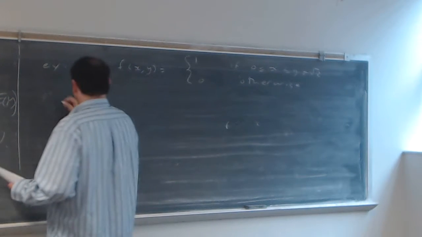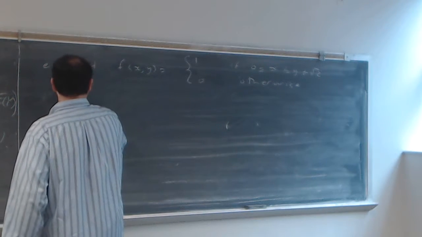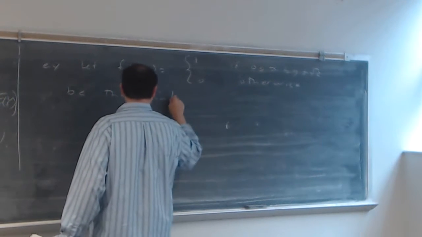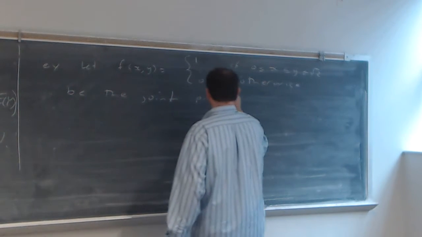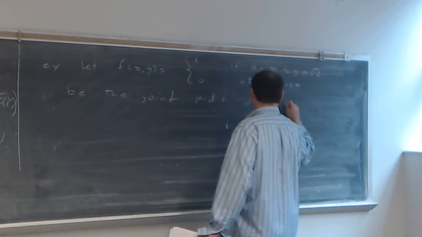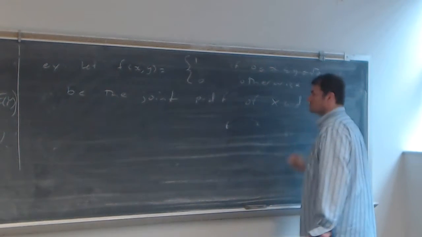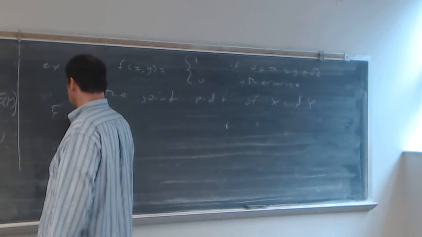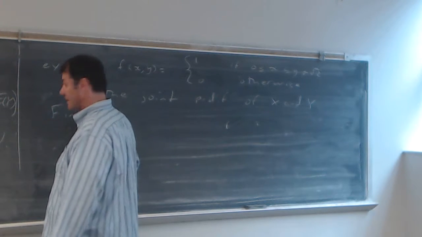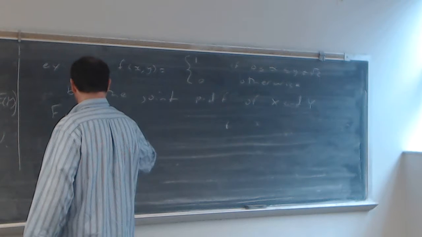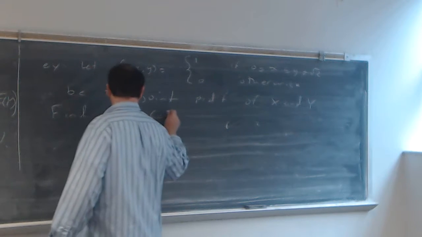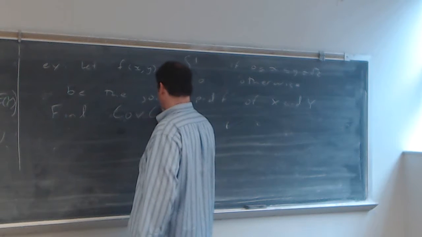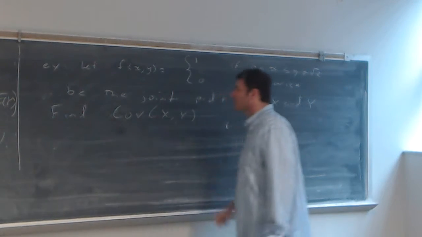Let this be the joint PDF of x and y. What we want to do is find the covariance between x and y.